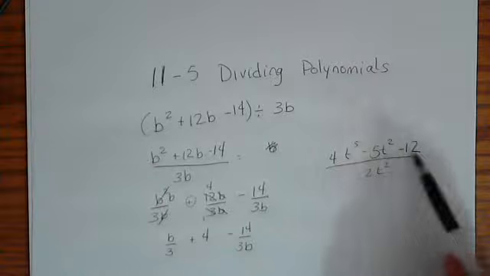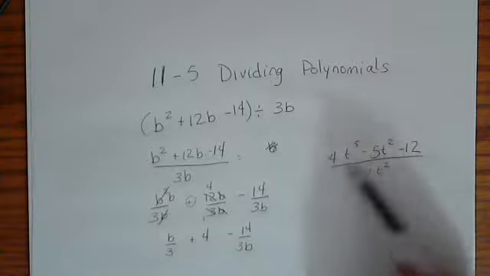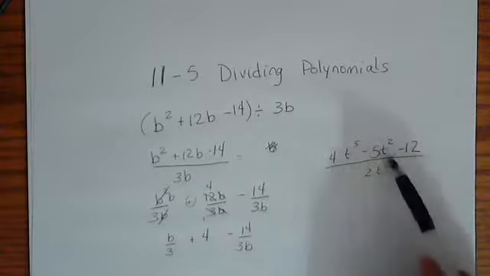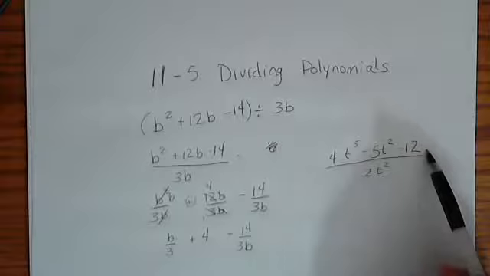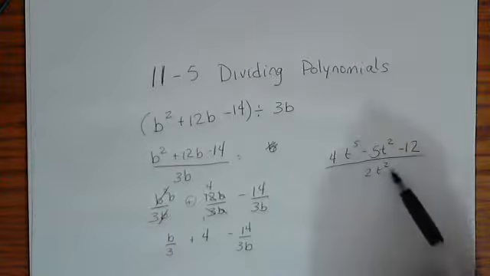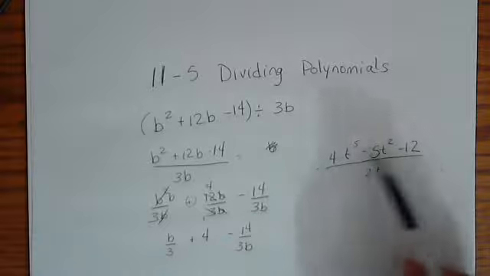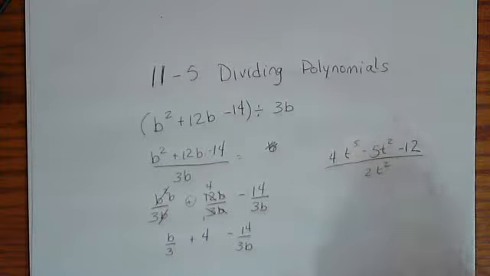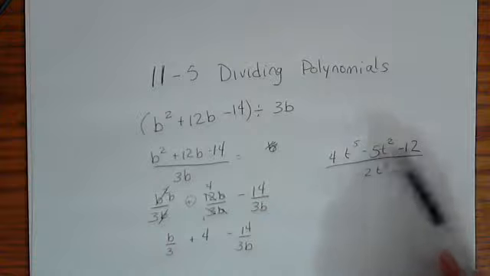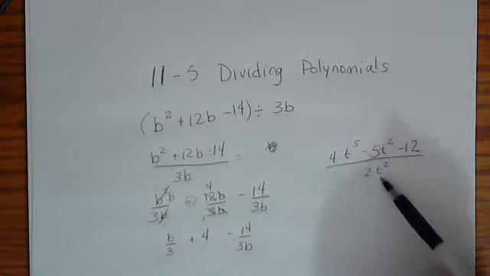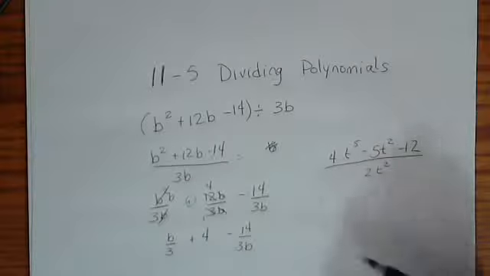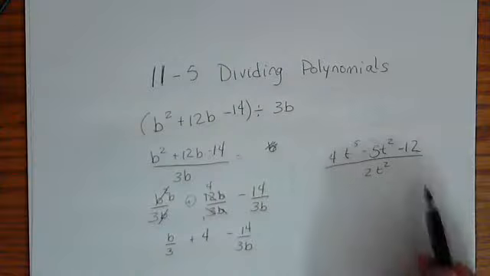There's not a 2 or a 4 or 12 that goes into all 3 of these, and there's not a t that goes into all of them either. And I don't have anything that I'm adding and subtracting on the bottom, so even if I were to factor the top, I wouldn't be able to divide any of those factors off by what's on the bottom. So this time I'm just going to go ahead again and split it into a couple of fractions.